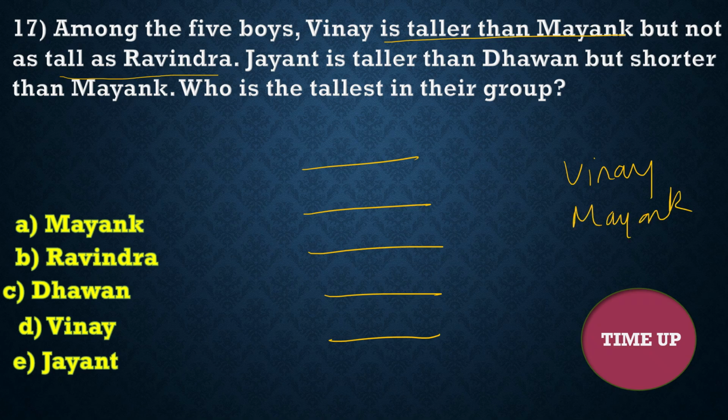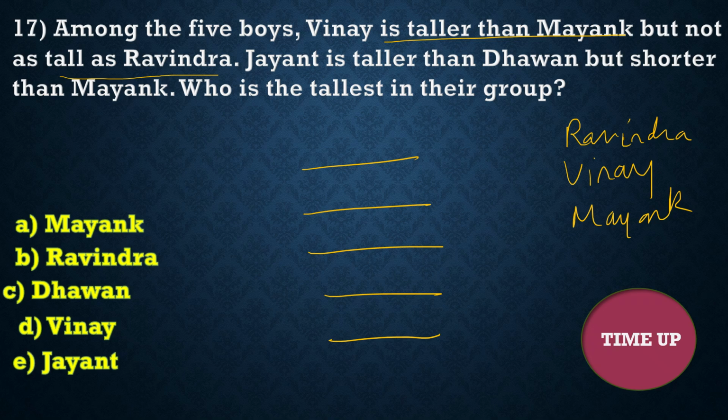Correct? So Vinay is taller than Mayank, but not as tall as Ravindra. So Ravindra will be taller because Vinay is not as tall as Ravindra, but he is taller than Mayank. So this will be the arrangement.